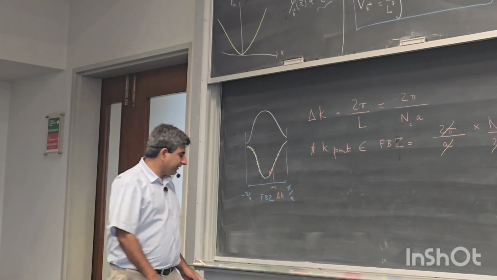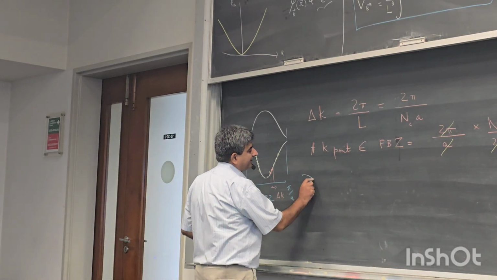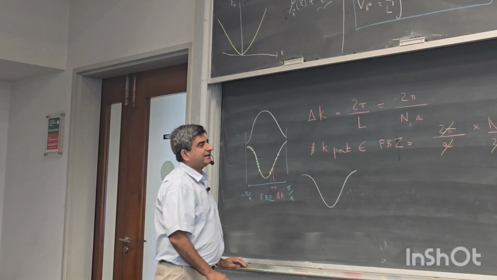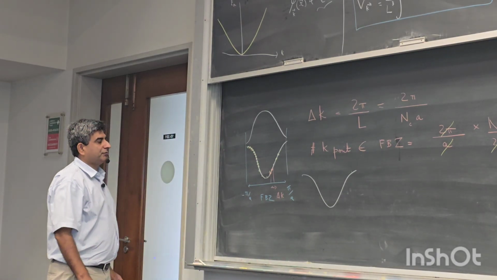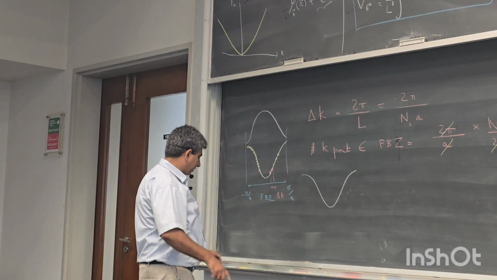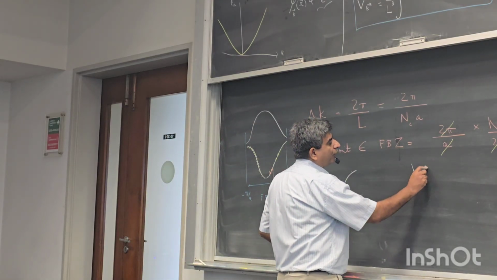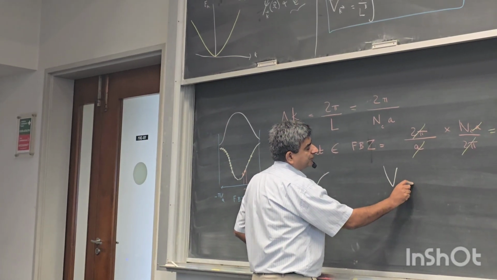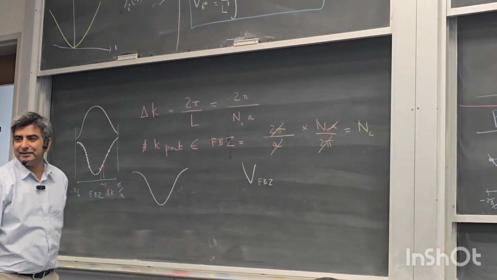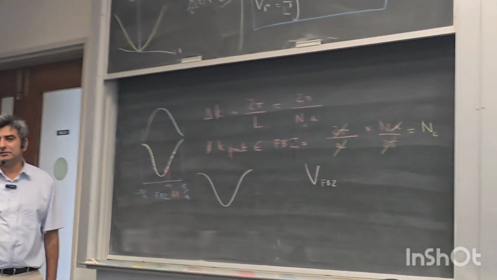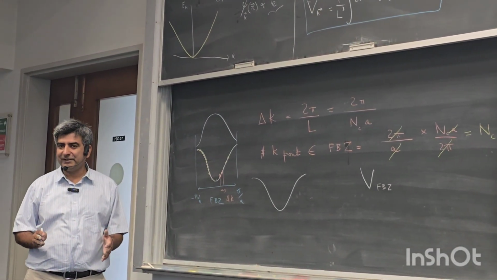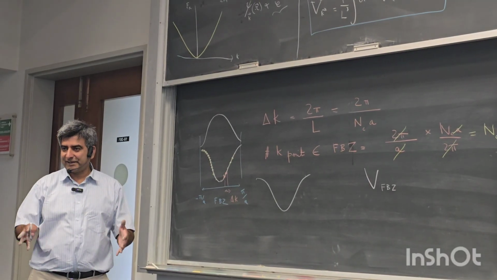Correct? So if I have a band, and remember, this is always true, this formula is really important: the volume of the first Brillouin zone, which is of course a volume in K space, is also the volume of the Wigner-Seitz cell.